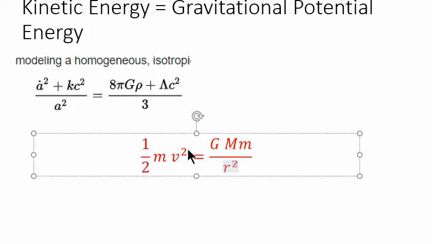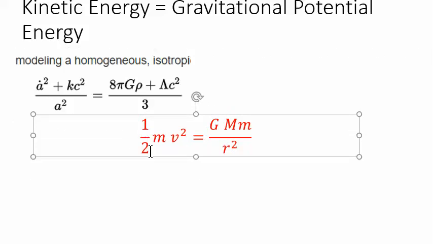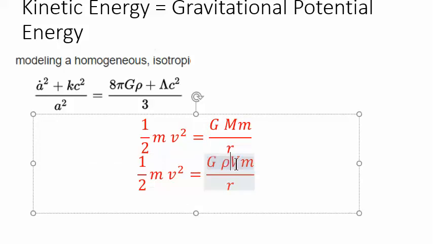So here's the basic escape velocity equation: the kinetic energy, 1/2 mv squared, is equal to the gravitational potential energy, GMm over r, and this should just be an r, not an r squared. So we're only concerned about the mass of the sphere inside the radius that we're at from it.